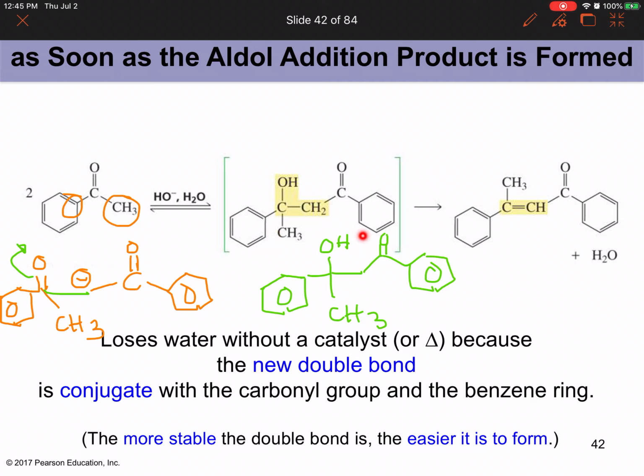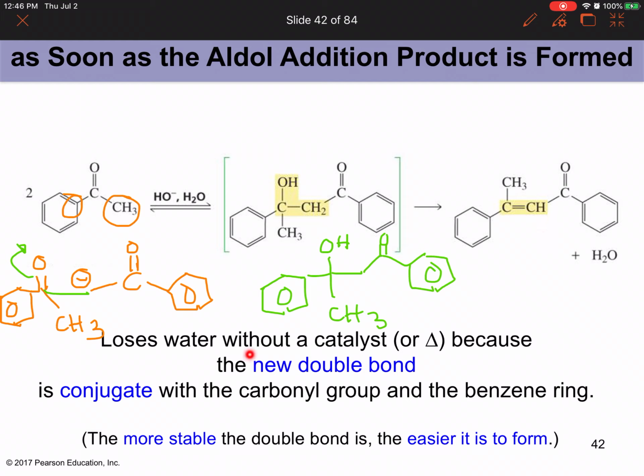Benzene ring, carbonyl group, CH2, and then the carbon with the alcohol. This is put in square brackets to indicate that it is highly unstable. So here we have hydrogen on this carbon. It removes a water molecule to form the alpha beta unsaturated carbonyl compound.